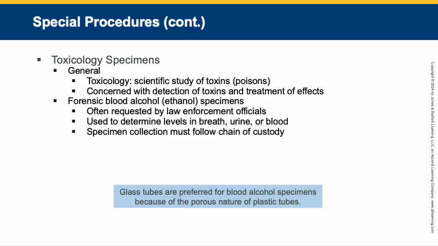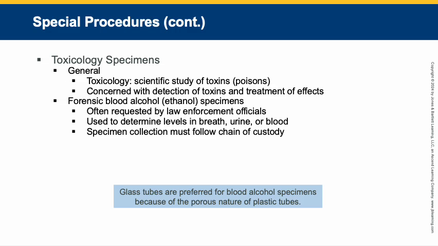Okay, toxicology. Toxicology is the study of toxins or poisons. This usually involves forensics, so this is in crime investigation. Toxicology is very important when they're examining blood, hair, urine, anything else for the presence of toxins.